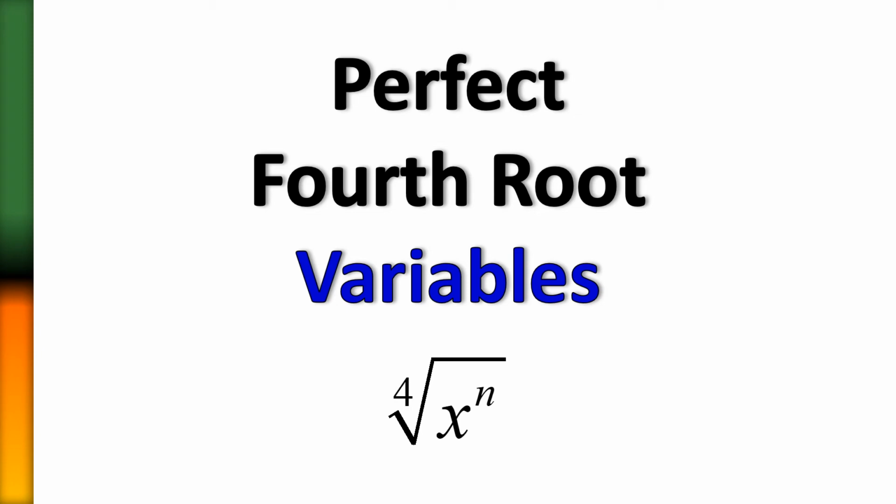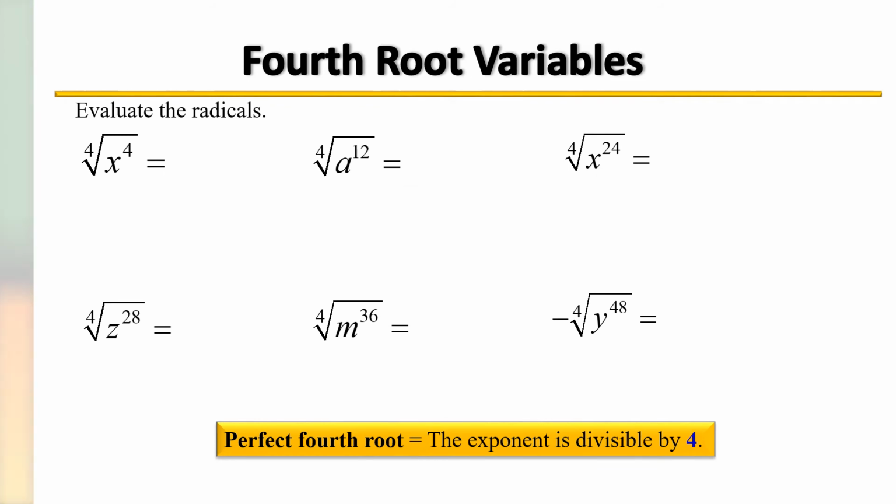So the exponent of the variable must be a number that is divisible by 4 in order for it to be a perfect fourth root variable. What is the fourth root of x to the fourth power? Well, we divide the 4 of the exponent by its index of 4. 4 divided by 4 equals 1, so it equals x.